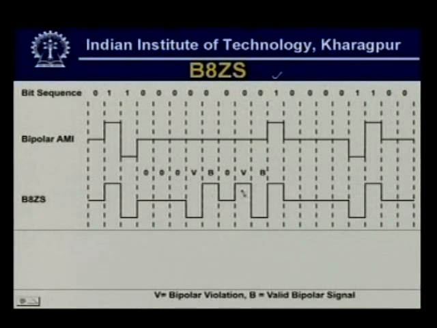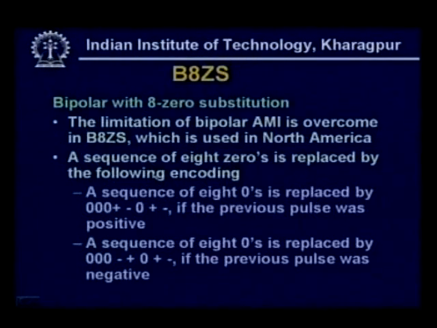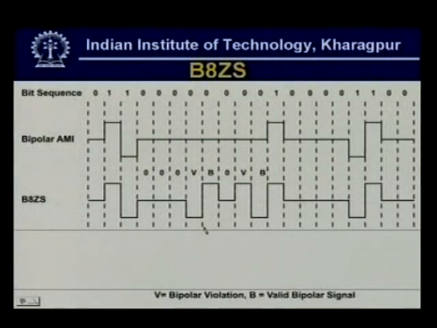You see here there are 2 violations, and then opposite one minus B. So, in this case, since it is followed by a negative transition, as we have seen in the previous case, if the previous pulse was negative, then it will be 0 0 0 negative positive 0 positive negative. That is precisely what is being done. 0 0 0 negative positive 0 positive and negative.